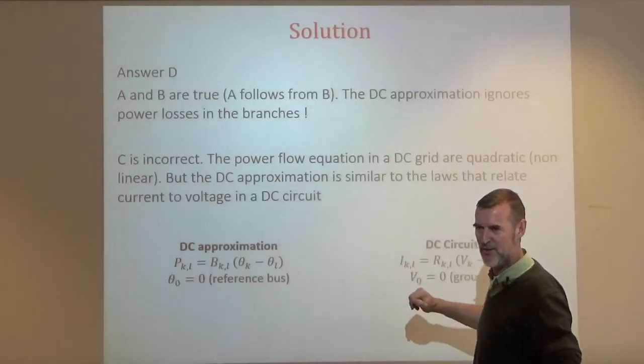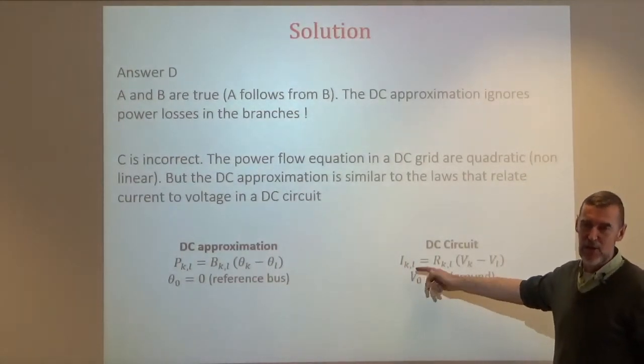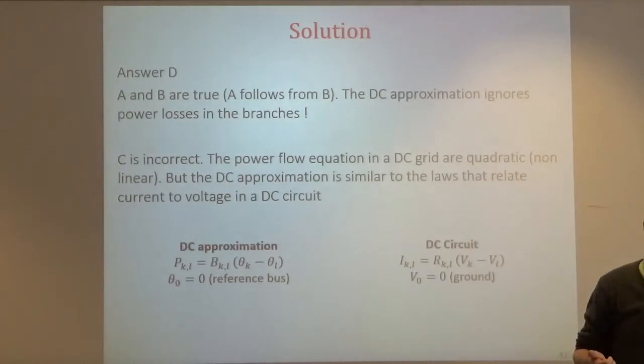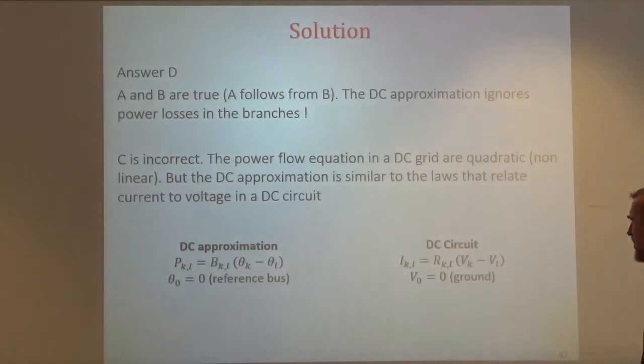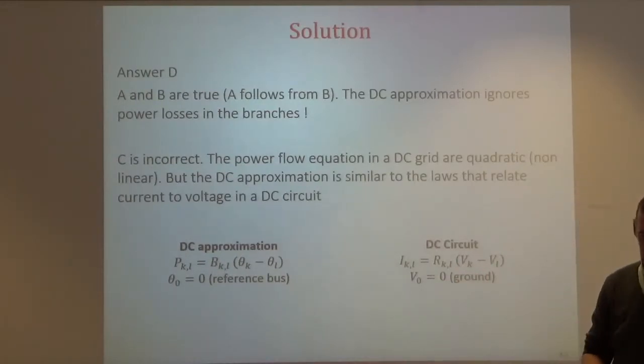It will not be a linear thing. But of course, if we know the currents in a DC grid, we can derive everything, the currents and the voltages, and then in a second phase the power. But it's not exactly like if we would have a DC grid.